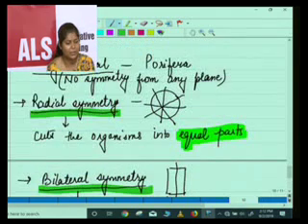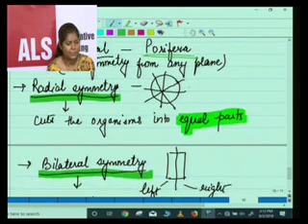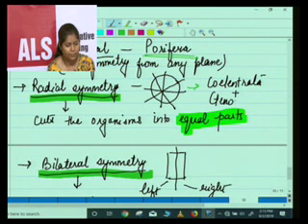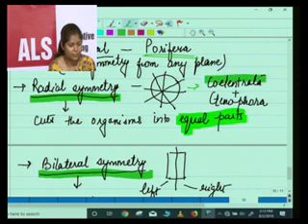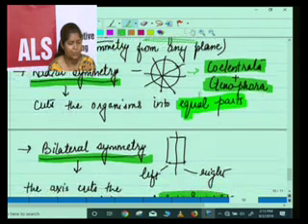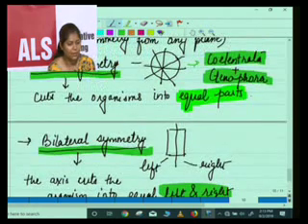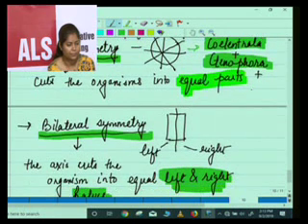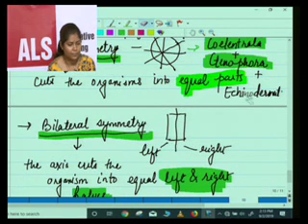So the animals having asymmetry is Porifera, radial symmetry is Coelenterata, Ctenophora and Echinodermata.